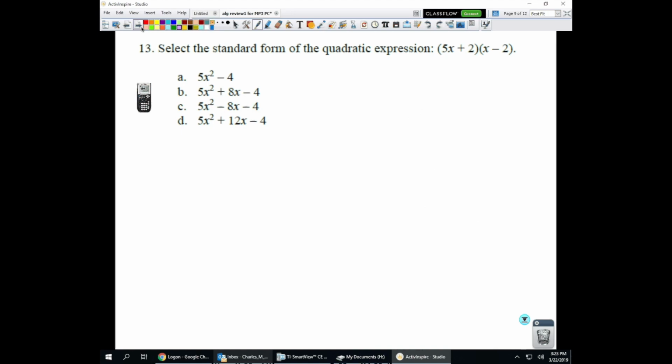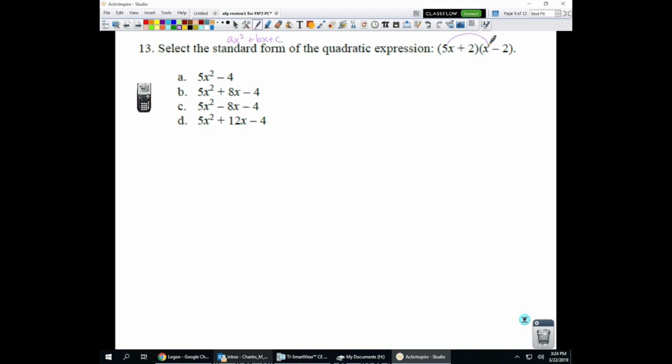All right, this one is just asking us to turn factored form into standard form. In other words, standard form being the trinomial ax squared plus bx plus c, we just want to FOIL these two binomials.